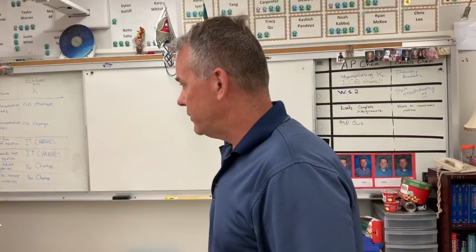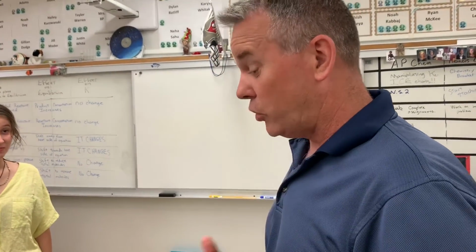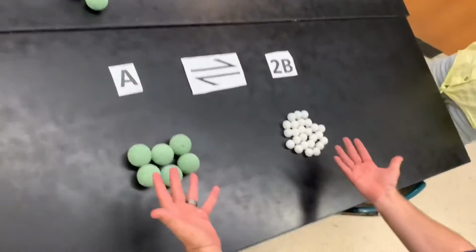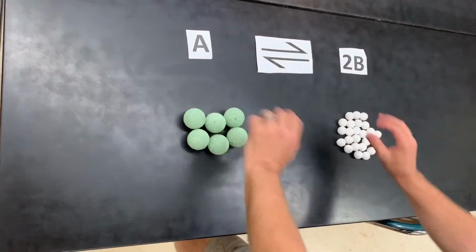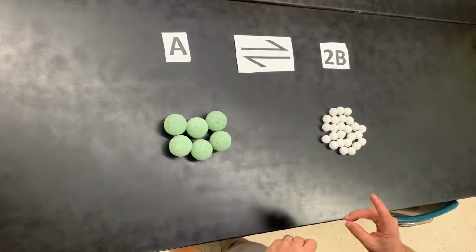Le Chatelier's principle simply says that if you change one of the factors that determine equilibrium, well, then the reaction will adjust itself to offset that change. Let me explain using these styrofoam balls and some random things I found in the classroom. Imagine this represents a reversible chemical reaction, and right now, at this very moment, it's at equilibrium.